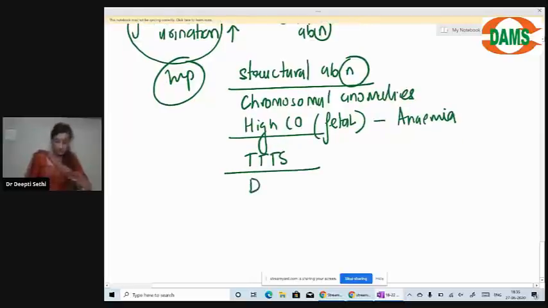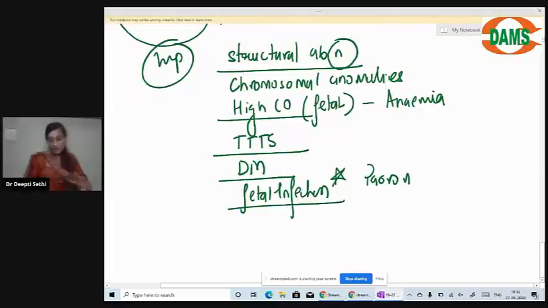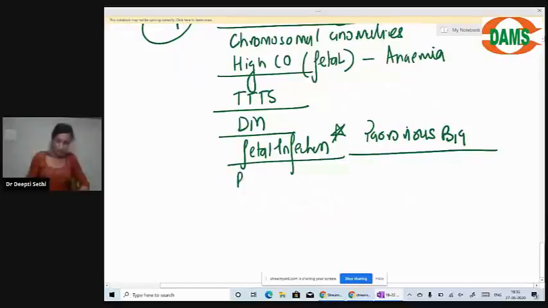Then diabetes mellitus, we've already explained why you would see polyhydramnios in a diabetic pregnancy. Fetal infection, okay? And especially parvovirus B19. Please remember, parvovirus B19 is associated with fetal anemia, and that is why it can be associated with polyhydramnios.